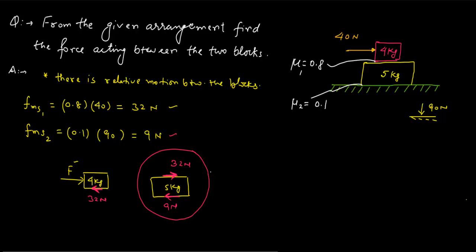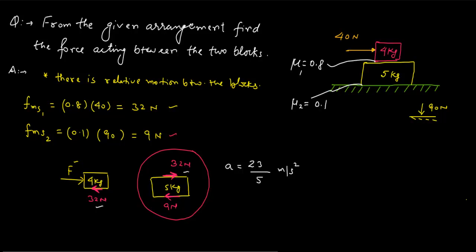If we look carefully here now, the acceleration of this 5 kilogram block is the net force acting on it, 23 Newton, 32 minus 9, divided by the mass of the block. So 23 by 5 meter per second square. Because due to the application of this force, this 32 Newton has arisen.